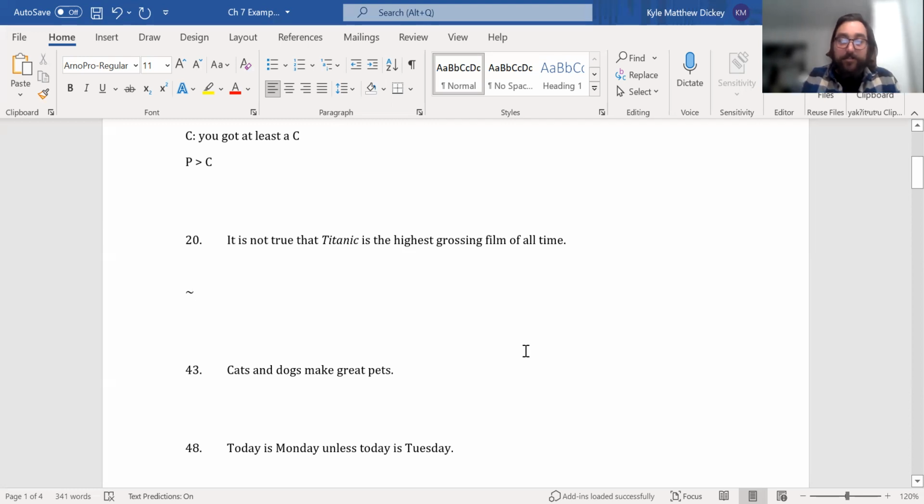Now, are there any other logical symbols in this statement? It's not true that Titanic is the highest grossing film of all time. And you go through it: negation, conjunction, disjunction, conditional. Nope, just negation. So then we can take the sentence and turn it into a sentence letter. What's the sentence? That Titanic is the highest grossing film of all time. Okay, cool. So that's one large, simple sentence. Titanic is the subject and this is the predicate, the property here.